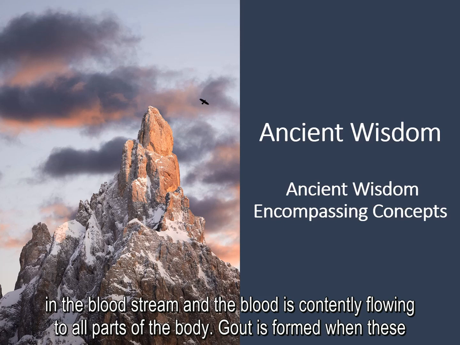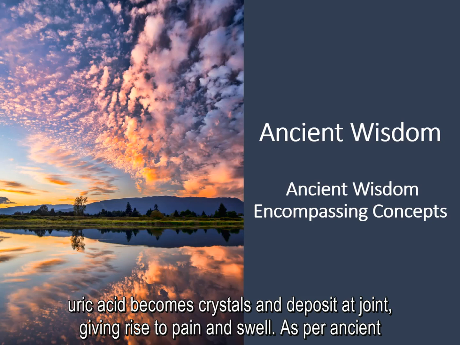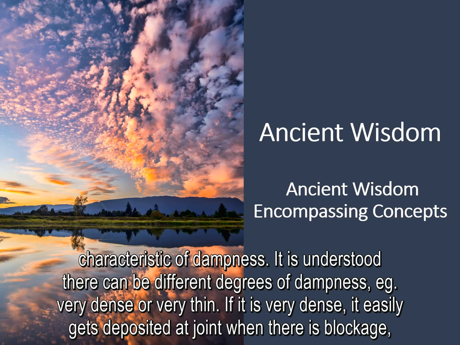Gout is formed when this uric acid becomes crystal and deposits at the joint, giving rise to pain and swelling. As per ancient wisdom, even though not knowing what uric acid is, they consider it part of the body fluid in the bloodstream, with the characteristic of dampness.